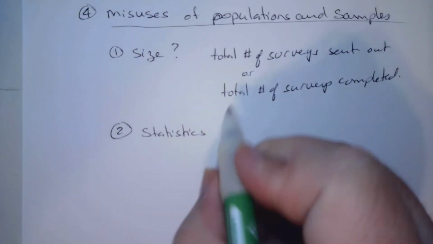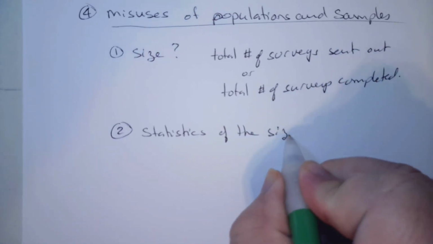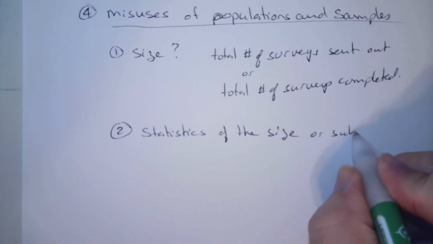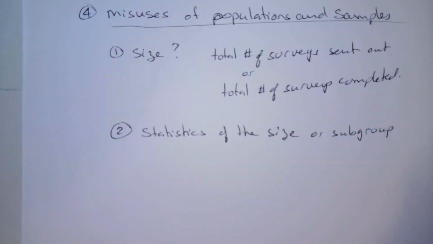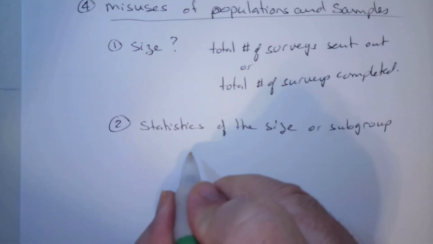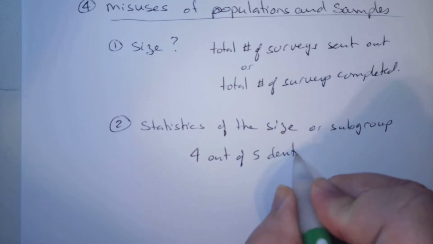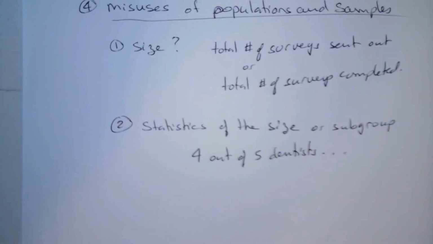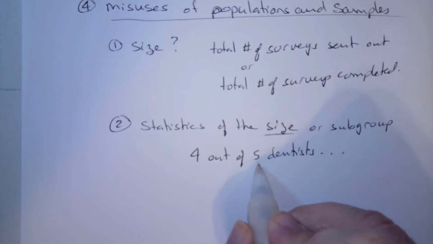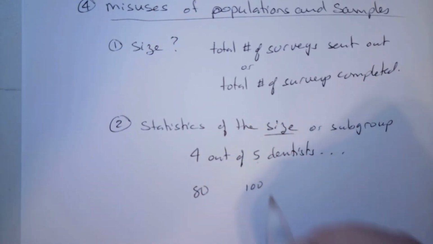Statistics of the size or subgroup chosen. What that means is like 4 out of 5 dentists. Okay. Did you only ask 5 dentists? Or is it 80 out of 100?